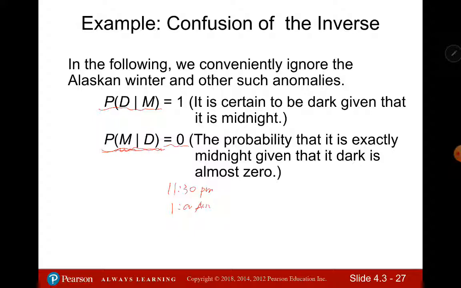So the probability of it's just midnight 12 a.m. is almost 0. It can be any time, right? It can be 1 or any other. So the probability is very small to be exactly 12 a.m. You can see the big difference between these two cases.